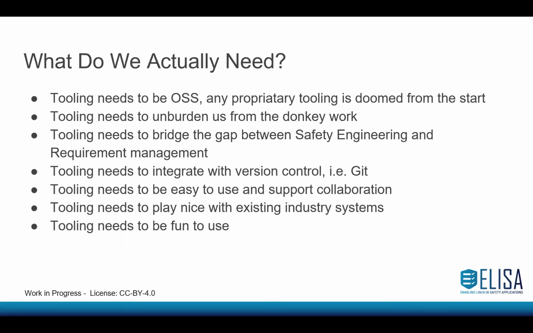Now, we also need to be able to integrate with version control. That means Git. Well, it usually means Git. Pretty soon it probably will mean Git in general, because everything else in that regard is on its way out the door anyway. So it needs to be compatible with Git.